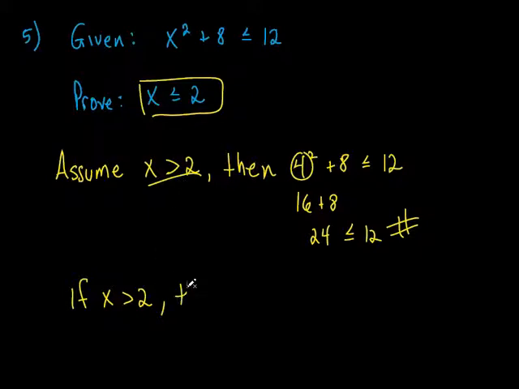Then they just looked at x squared. Watch this. Then x squared must be greater than what? Look, if x is greater than 2, x squared has got to be greater than what? Let's say x was equal to 2. Then x squared would be what? 4. But if x is greater than 2, x squared is greater than 4.